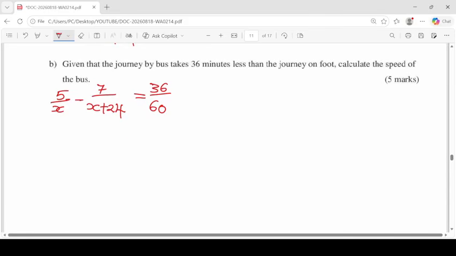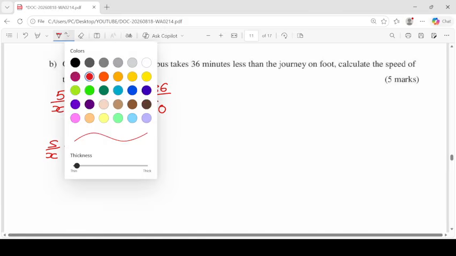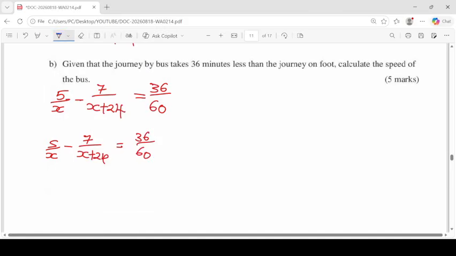Then, to solve this, we are going to have 5/x minus 7/(x plus 24) being equal to 36/60. I'll multiply through by the LCM of the denominators. The LCM of the denominators here is x times (x plus 24) times 60.